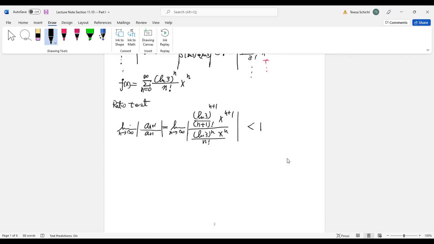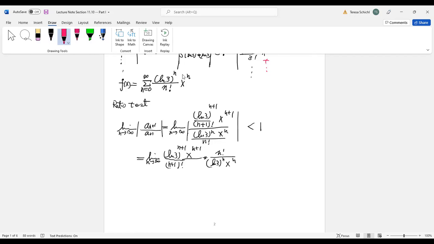Okay, so now you can take a look here. So now you can flip it. So this is the limit as n approaches infinity of natural log 3 to the n plus 1, x to the n plus 1, times n factorial, over n plus 1 factorial, times natural log 3 to the n, x to the n.